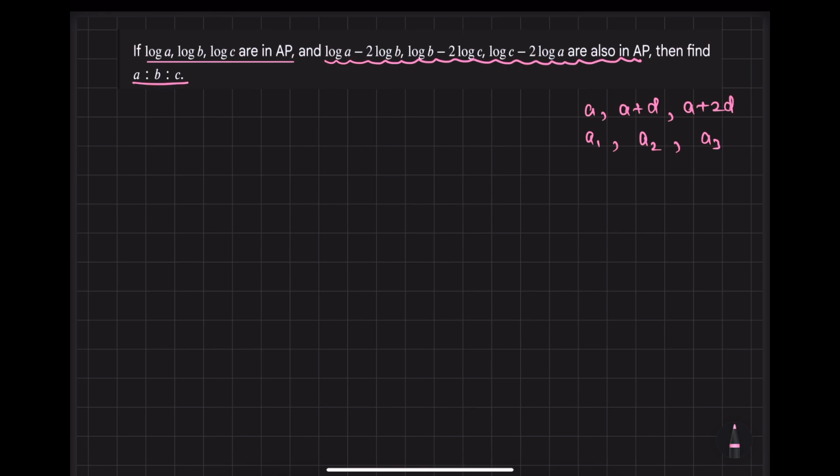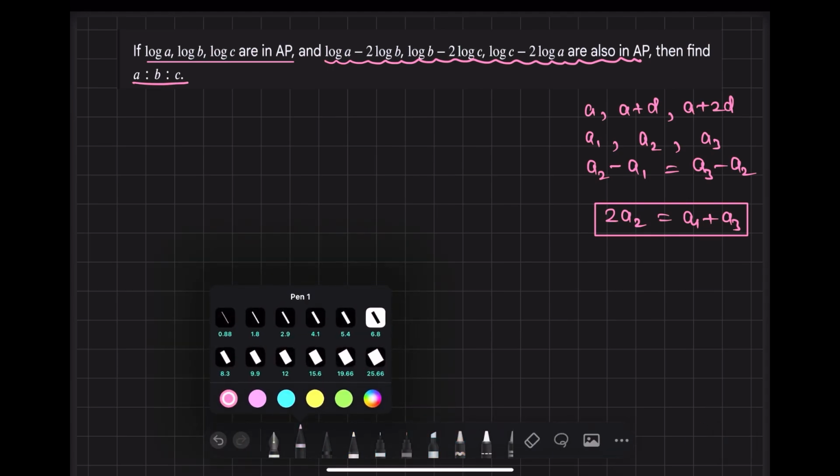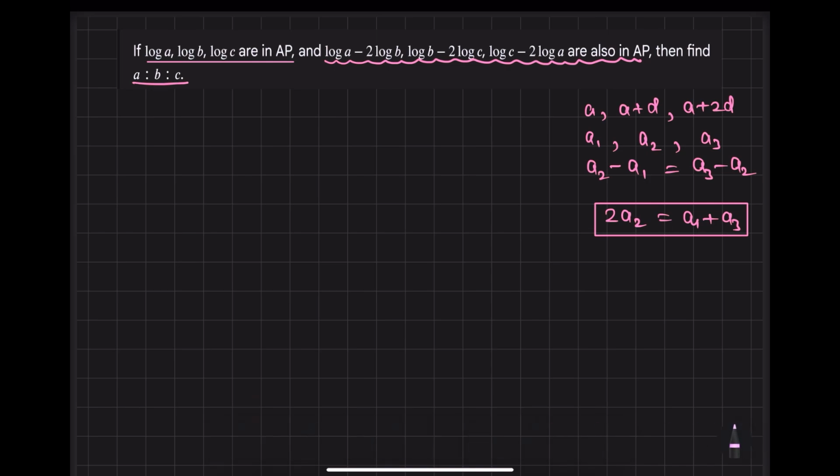So can I say that A2 minus A1, the common difference, will be equal to A3 minus A2. Now, can we put all the A2 together? So 2 times A2 will be equal to A1 plus A3. This is the relation we can establish: 2 times the middle term will be equal to the sum of the first term and the third term.